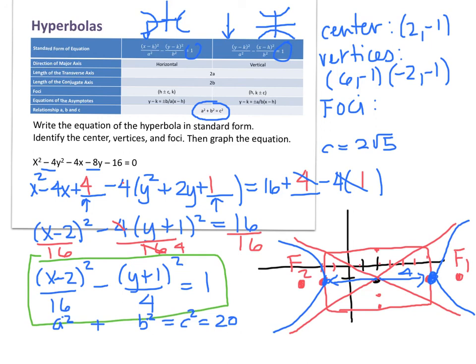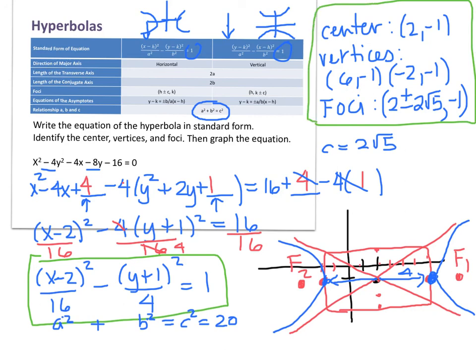So from the center in the x direction, you're going to go 2 plus or minus that square root of 20, and then you still are at negative 1. So there's your answers for all the information that they wanted right here. Okay? There's your conic sections in a nutshell.